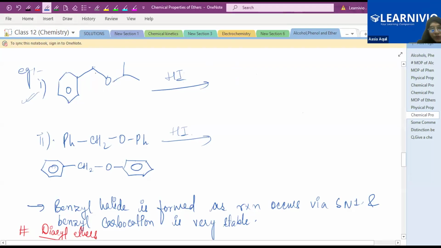So what you're supposed to do, this benzylic carbon, this is a CH2, right? So benzylic carbon is very reactive and very stable. So you have to prepare the benzylic carbocation. So you will break this bond, and this iodine will get attached to the carbon.